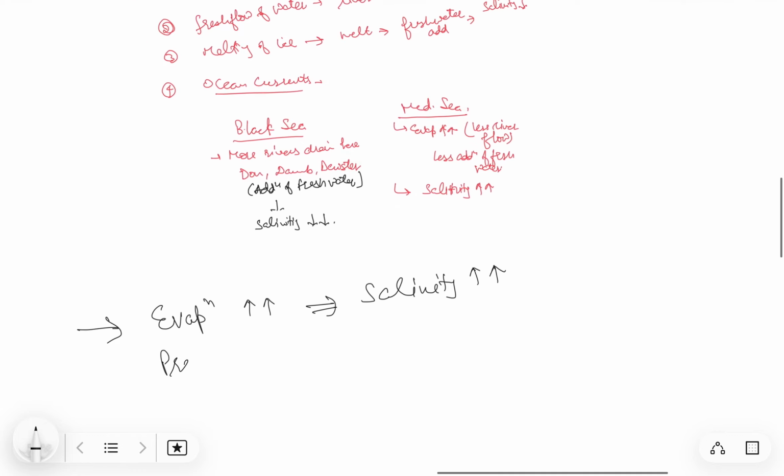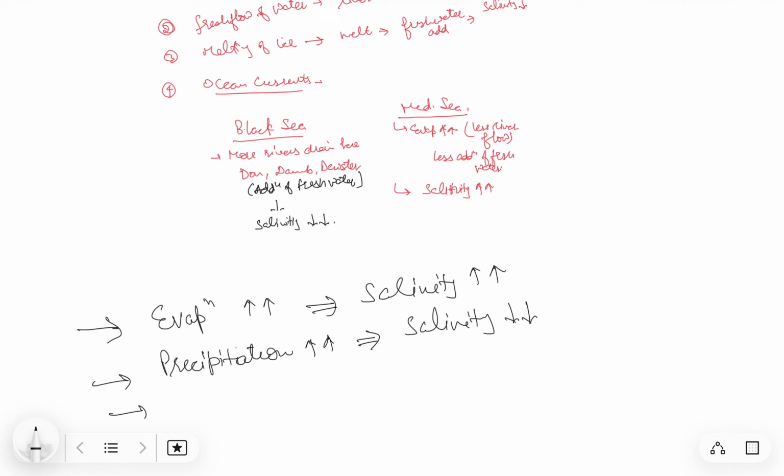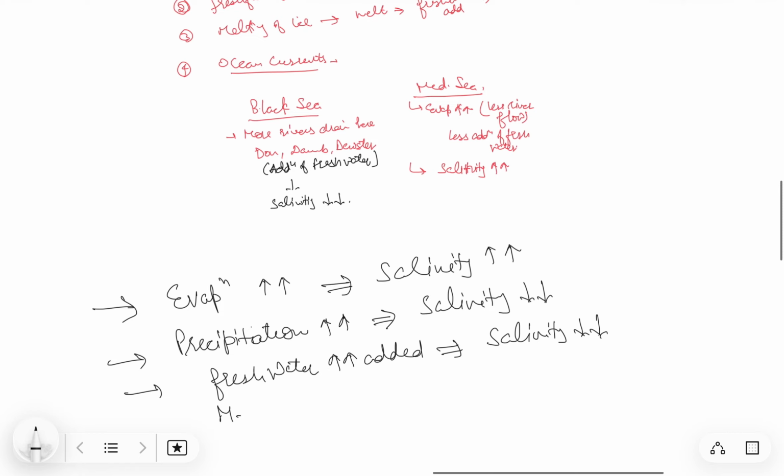If precipitation is more, then the salinity will be reduced. If more fresh water is added, salinity is reduced.